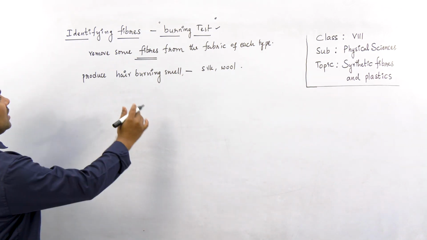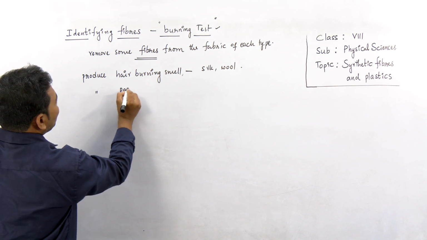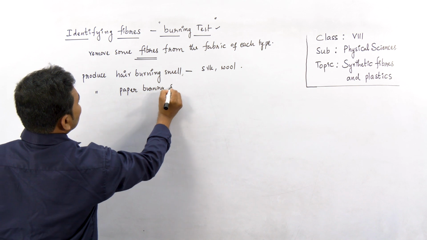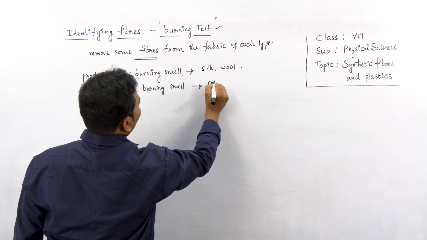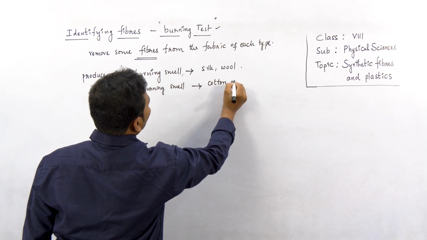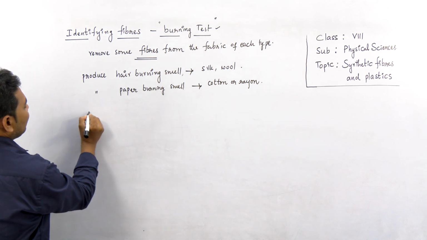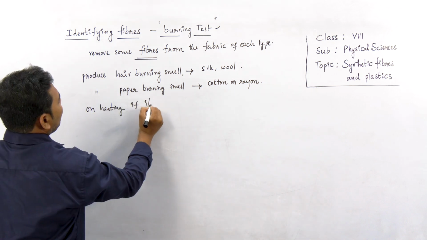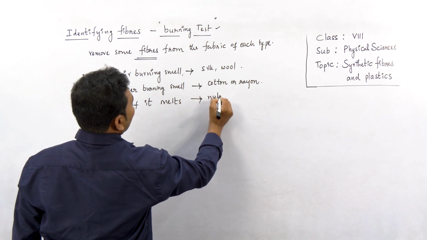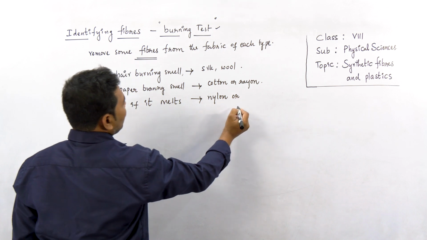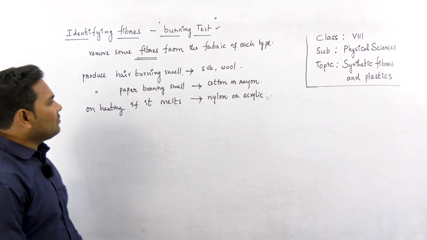If on burning, the fiber produces a paper burning smell, then we understand the fiber may be cotton or rayon. Cotton or rayon. If on heating it melts, it can be identified as nylon or acrylic. Nylon or acrylic. Right? Why?